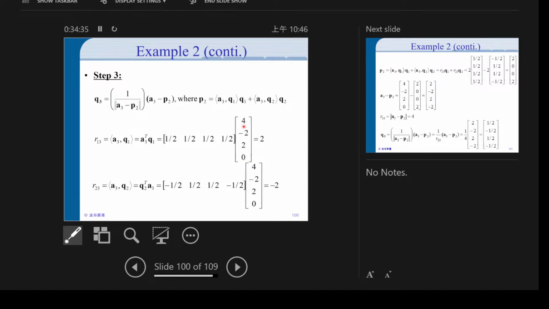So we have Q1 transpose on A3. A3 is (4, -2, 2, 0), and the inner product with (1/2, 1/2, 1/2, 1/2) is those adding together divided by 2, so it's 2. Then we have A3 inner product with Q2, and Q2 is 1/2 times (-1, 1, 1, -1). So it's minus, plus, plus, and minus, and this cancels, so you have -4 times 1/2, which is -2.